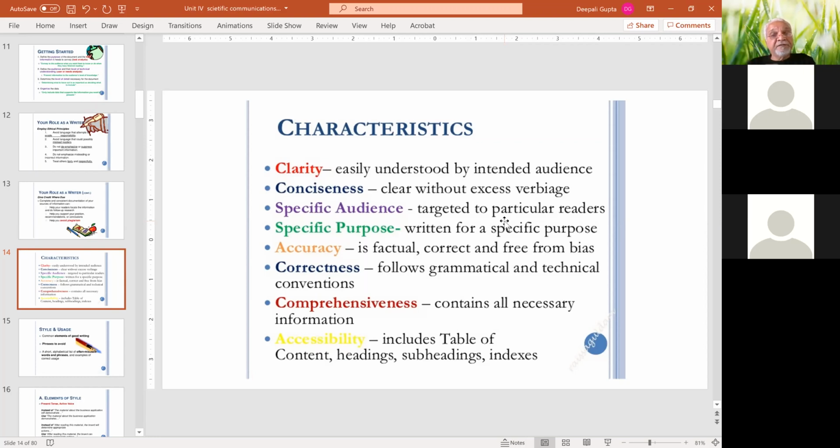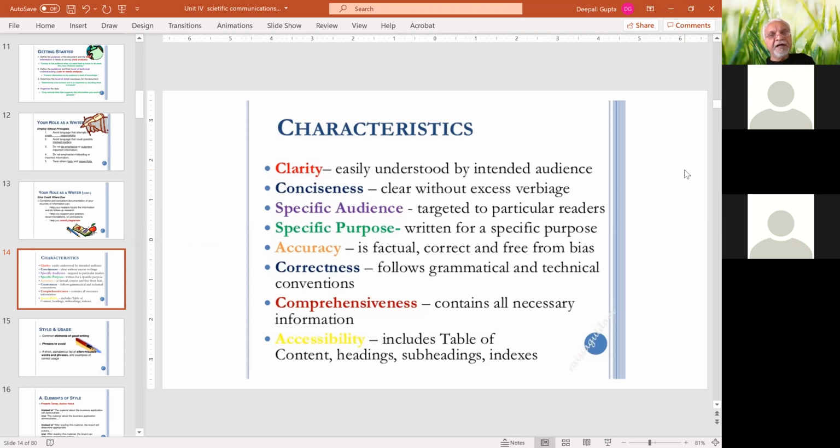So please keep this in mind, that for making a good technical or scientific document, I'm now including both, these are the characteristics which one has to see that your document is fulfilling, in terms of clarity, conciseness, purpose, accuracy, correctness, comprehensiveness.